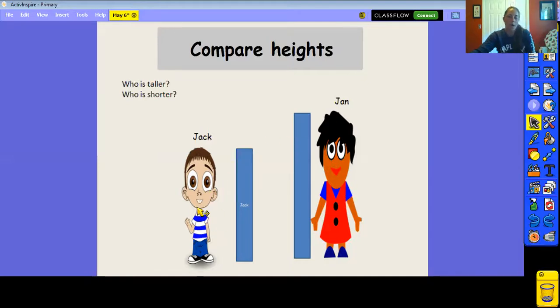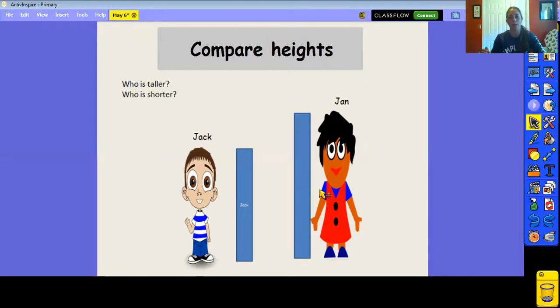Yeah, we compare numbers, right? We say things like 4 is less than 5, 5 is greater than 4. We use those words greater and less to compare numbers. Well, we can use taller and shorter to compare people and objects, just like you're doing in the challenge. So think back. If you've done the challenge, think back. Was your bed or your couch taller?